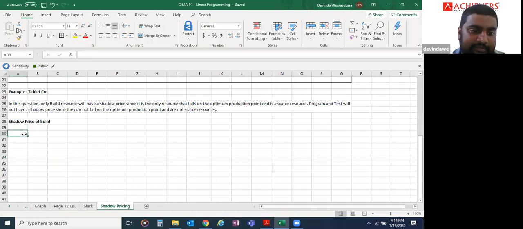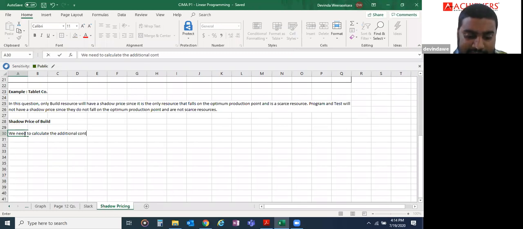So we need to calculate the additional contribution earned if we have one extra hour of build.